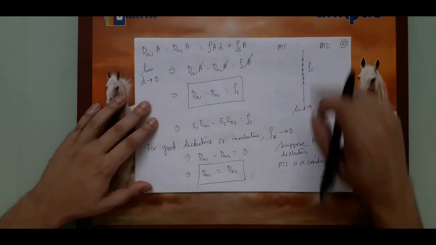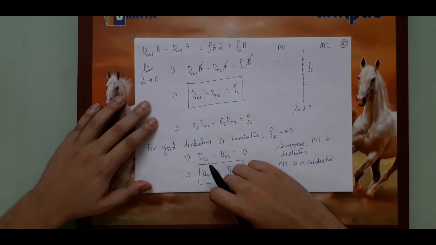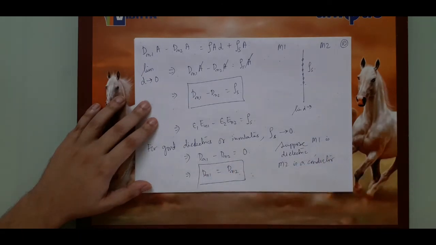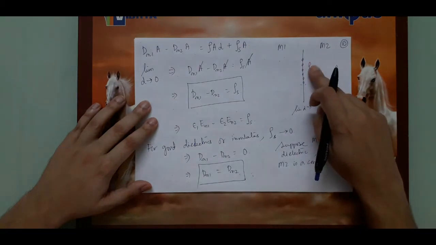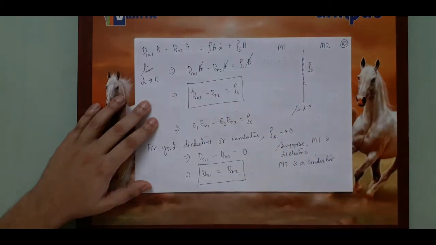What can we say about the electric field inside a conductor? The electric field inside the conductor will become 0. So therefore, whatever is the surface charge density, that itself will be Dn1.